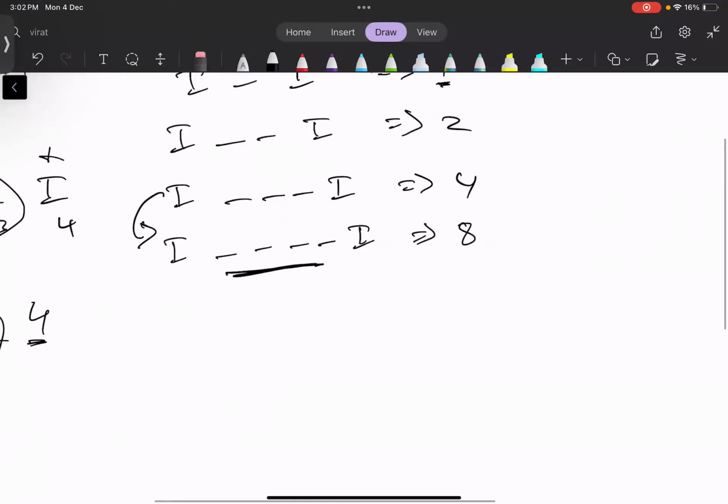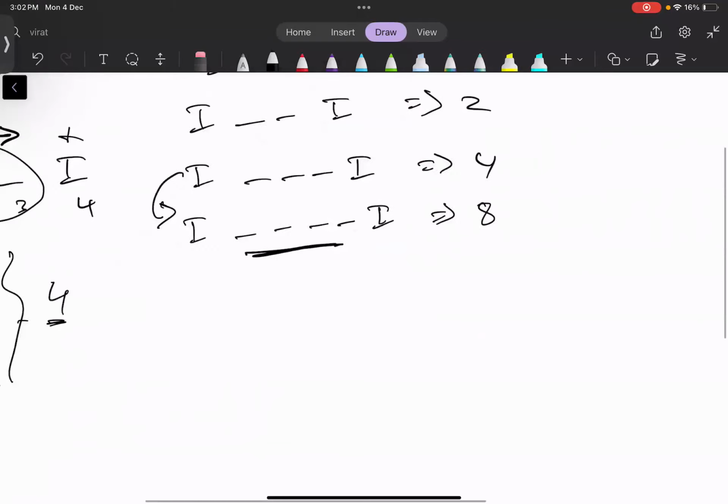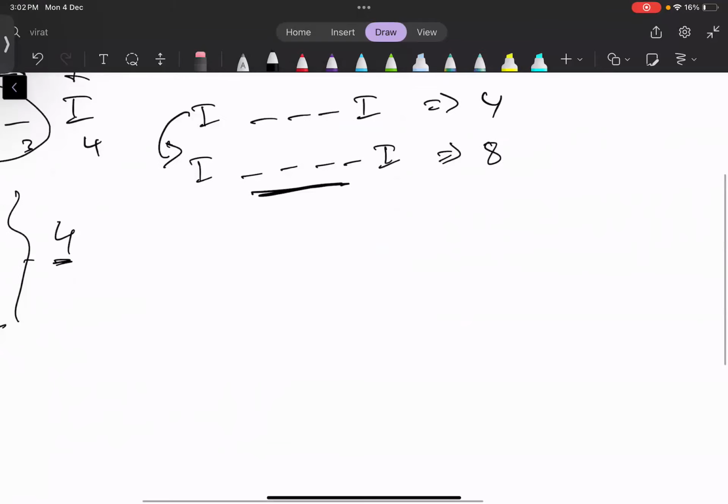Now let's see another scenario. Let's say there is one infected person, and 5 uninfected people, and there is nothing after this. This is the end of the array. In this scenario, there's only one possibility because we can always move ahead.